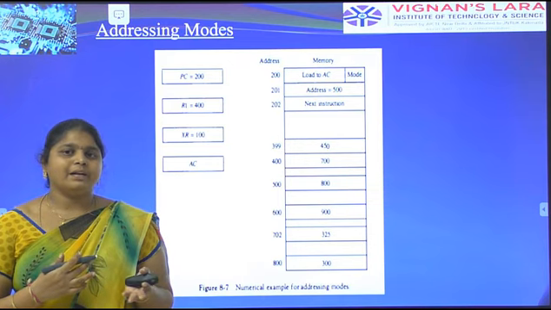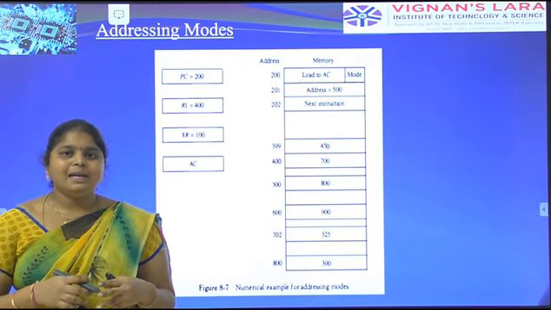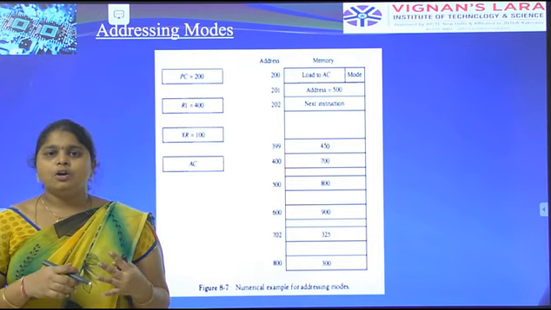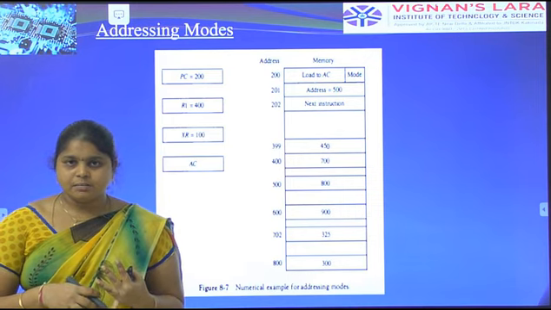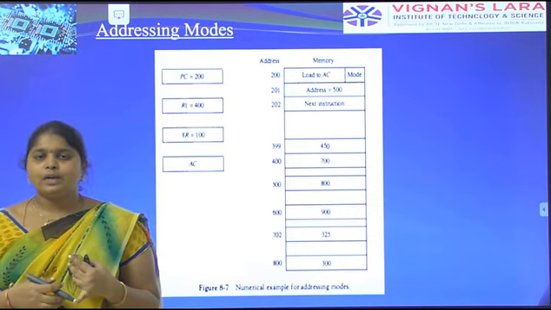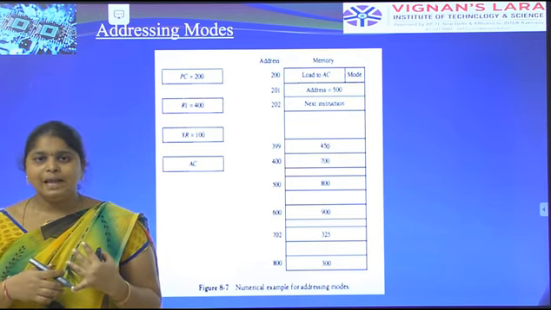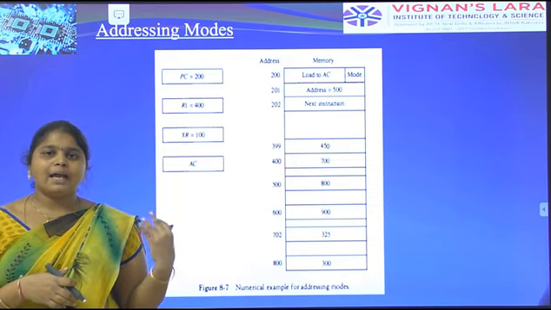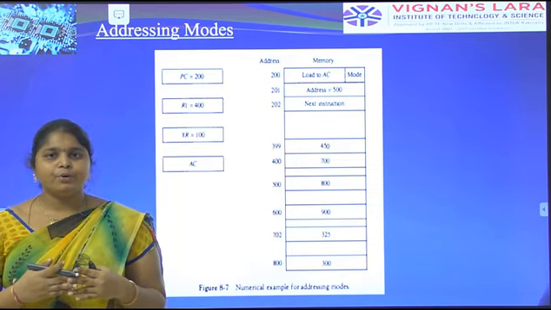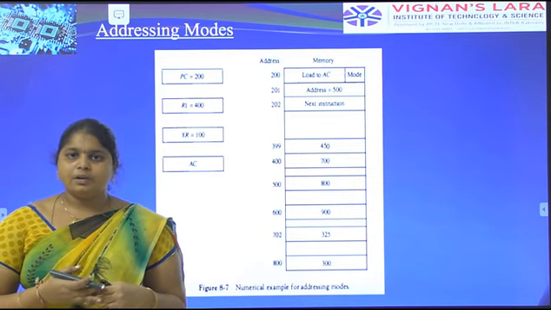We have several types of addressing modes: implied, immediate, register, register direct, register indirect, direct, indirect, auto increment, auto decrement, index register, relative, and base register addressing modes. These are the types of addressing modes we use internally in the computer for easily identifying the address of that register. Okay, thank you.